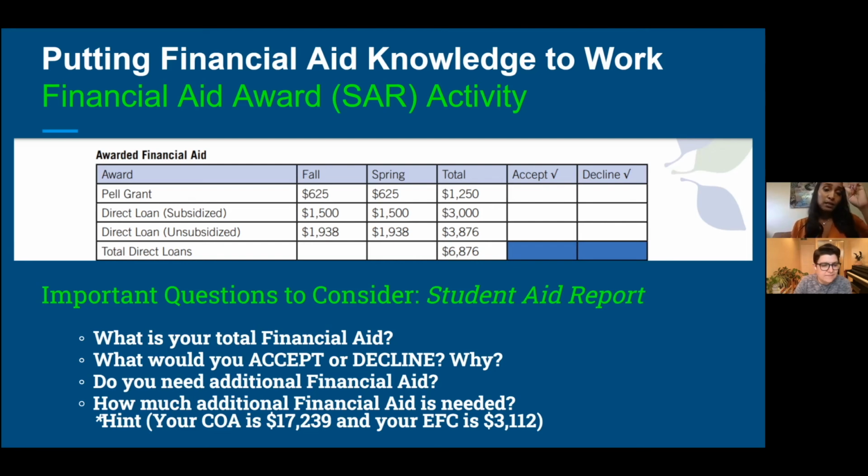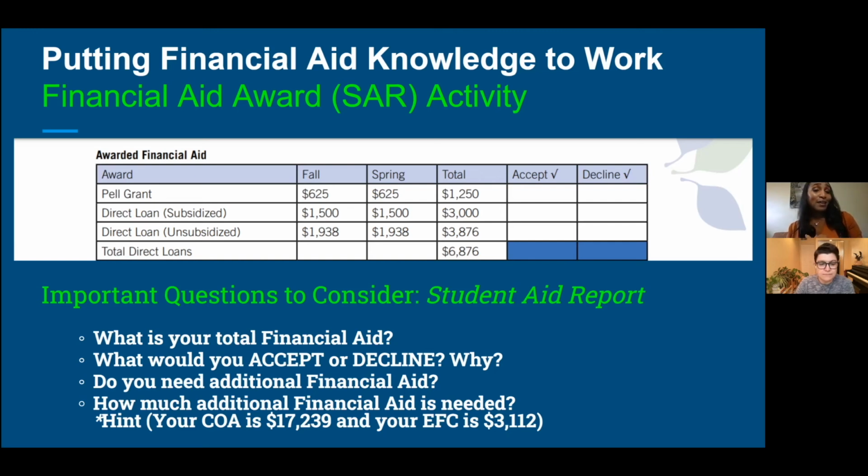But for this example, say I didn't have scholarship money. I would take out the unsubsidized loan, but here's a little trick I'll talk more about in my scholarship workshop: you can actually pay on the interest of your unsubsidized loan while you are in school.